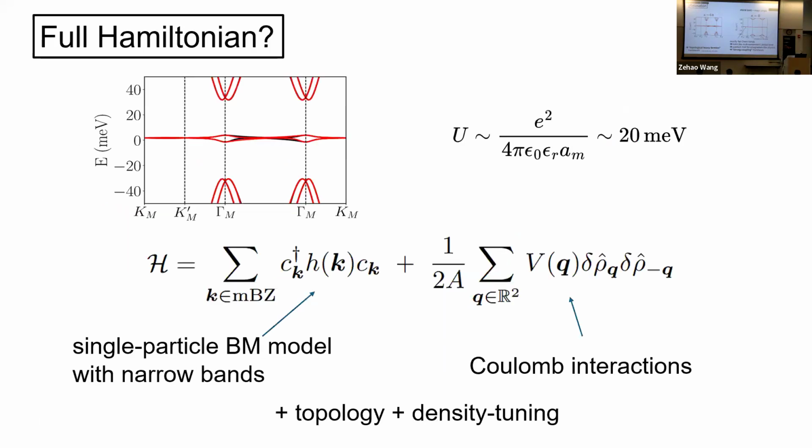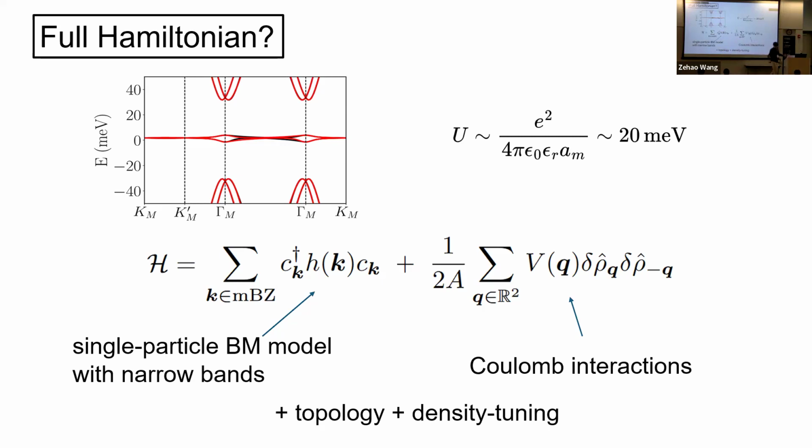Okay, so I think we're finally ready to write down the full Hamiltonian. We're going to take our single particle model, which we'll take as the continuum model, and let's add Coulomb interactions in the usual density-density form. So V of q here is the Coulomb potential, and let's also remember that we have at least a latent topology in the system, and we can also, let me emphasize, tune the density.